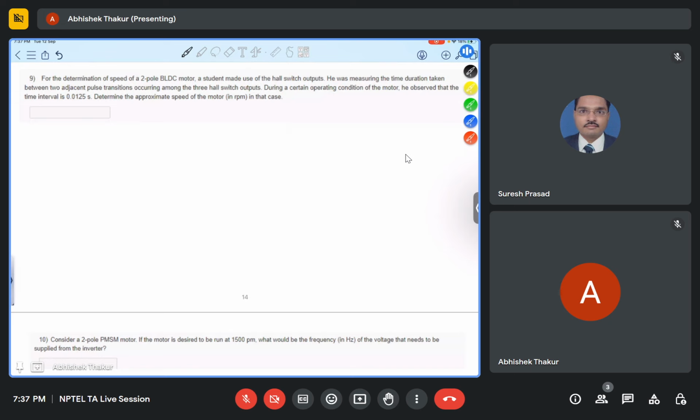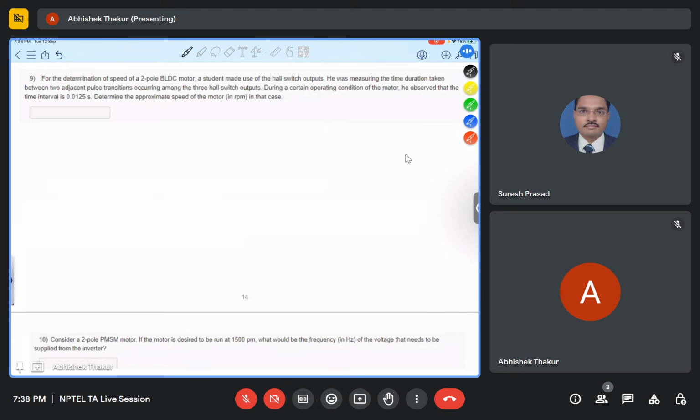The next question is: for the determination of the speed of a two-pole brushless DC motor, a student made use of the Hall switch outputs. He was measuring the time duration taken between two adjacent pulse transitions occurring among the three Hall switch outputs. During a certain operating condition of the motor, he observed that the time interval is 0.0125 seconds. Determine the approximate speed of the motor in that case.